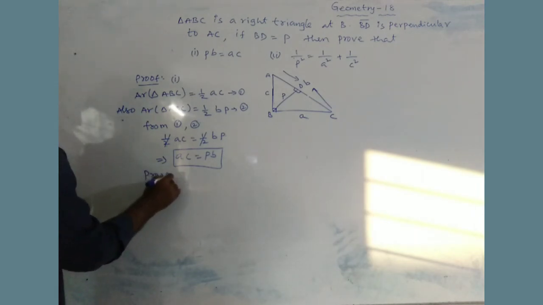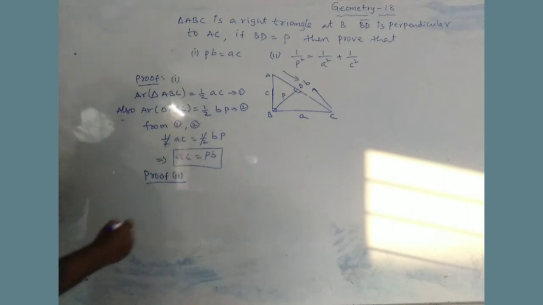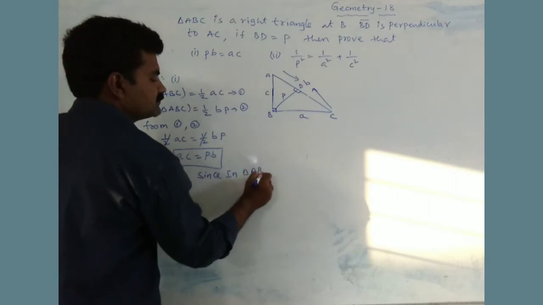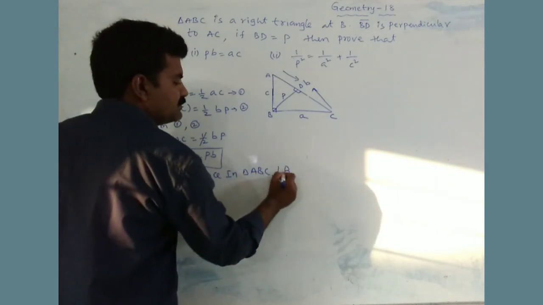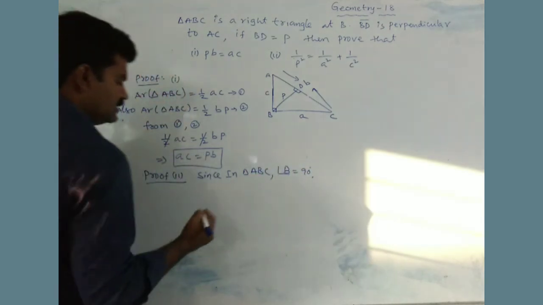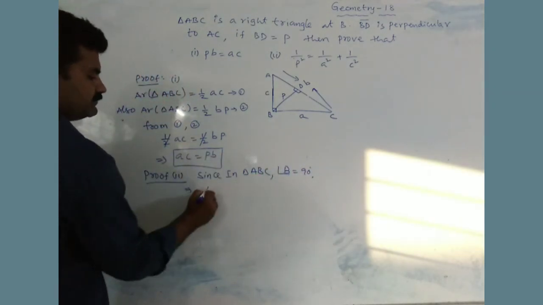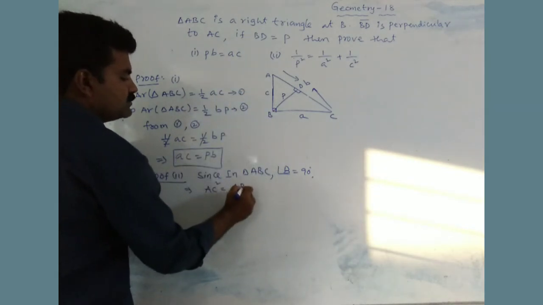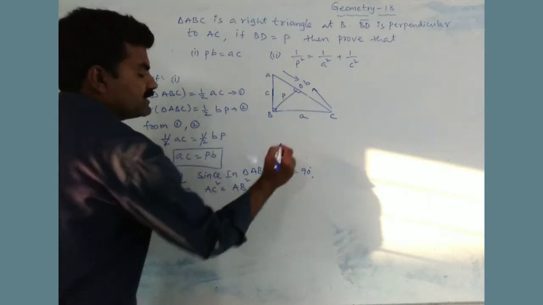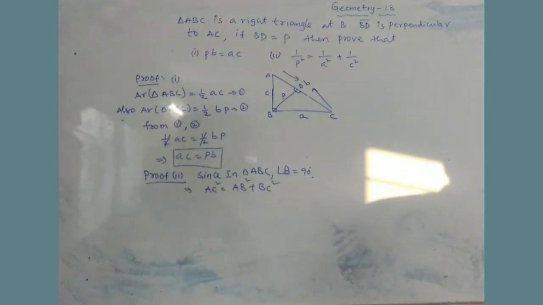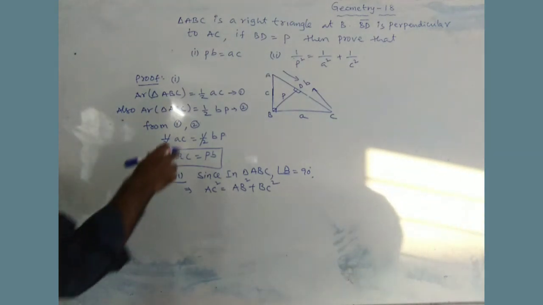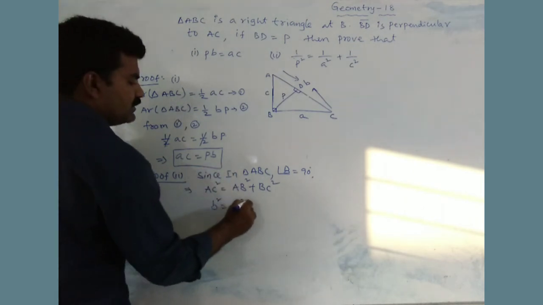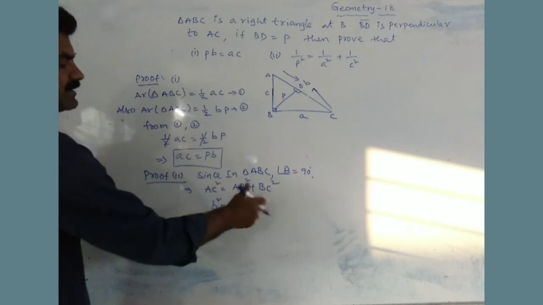And now coming to second part, second condition. Since in triangle ABC, angle B is equal to 90 degrees, according to Pythagoras theorem, I can write that square of the hypotenuse is equal to sum of the squares of the other two sides. I mean AC square, which is b square, is equal to a square plus c square or c square plus a square.